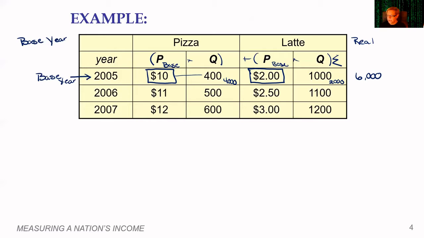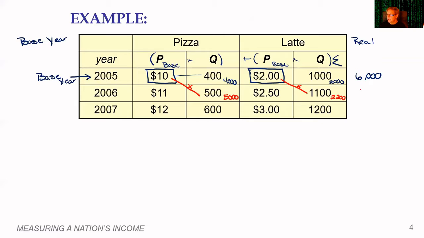Where we get a little bit different, I'm going to change colors here so you can clearly see what we're doing, is now in 2006, we're going to take the price in 2005, multiply it by the quantity in 2006. So 10 times 500, 5,000. So that's different. 2 times 1,100, 2,200.